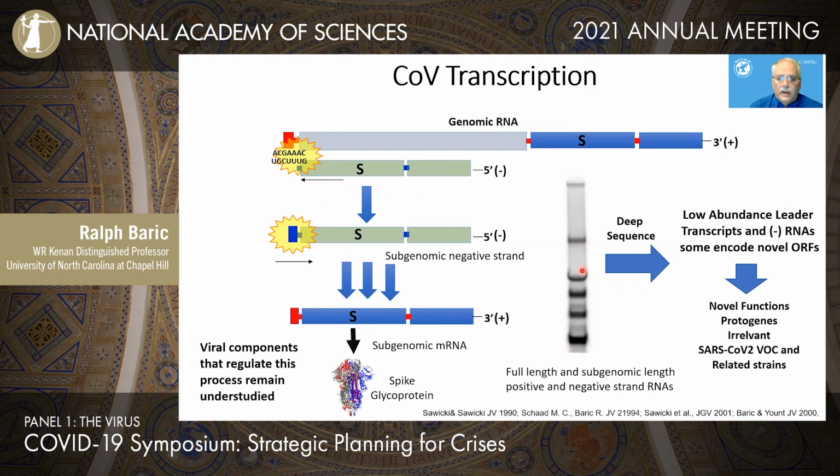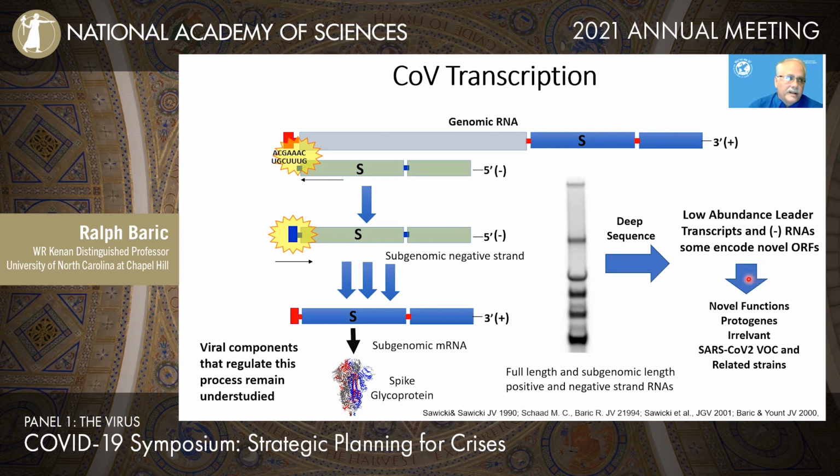In addition, at about 1/20th the concentration, there's a series of equal size subgenomic negative stranded RNAs and full-length negative stranded RNAs. But if you deep sequence these elements, you find large numbers of low abundant leader transcripts and anti-leader containing subgenomic RNAs, some of which can encode novel out-of-frame ORFs that are present in the genome.